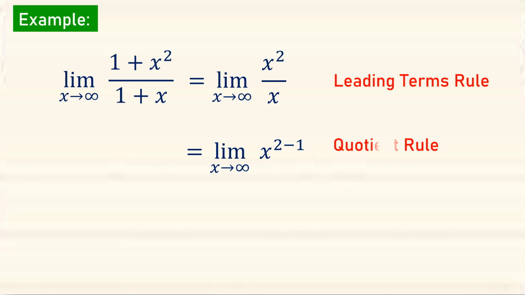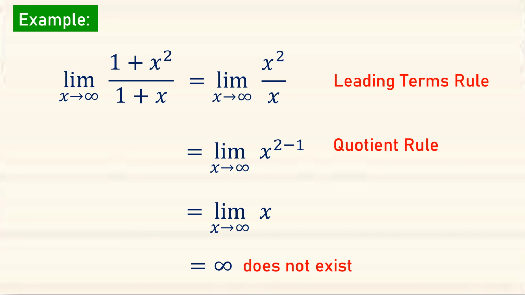So we have the limit of x to the second minus 1 as x approaches infinity. So in here, we have the limit of x as x approaches infinity. And we all know that it is equal to infinity. That is, the limit of f of x as x approaches infinity is equal to infinity, or it does not exist.